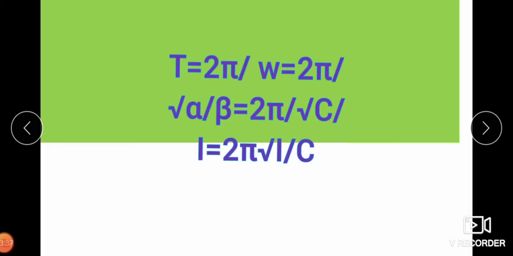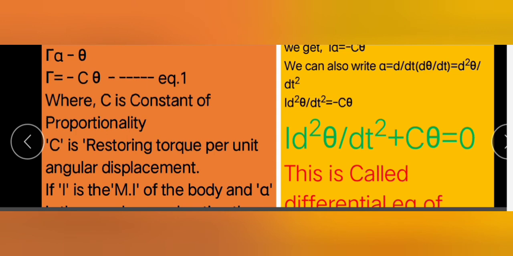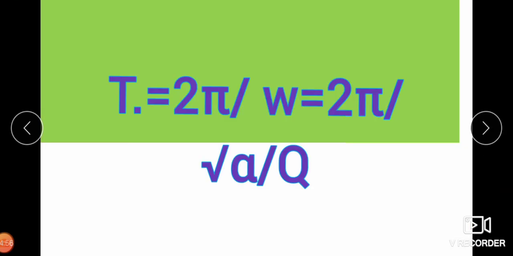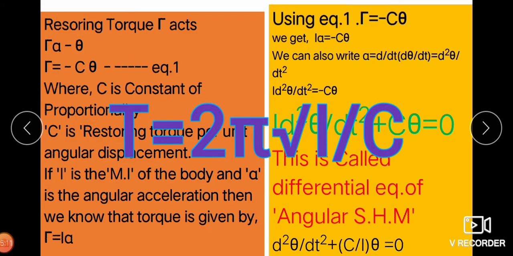Let us find the period from the differential equation. Hence, we get the period as T is equal to 2 pi upon square root of c upon I. T is equal to 2 pi square root of I upon c as the period of a torsional pendulum.